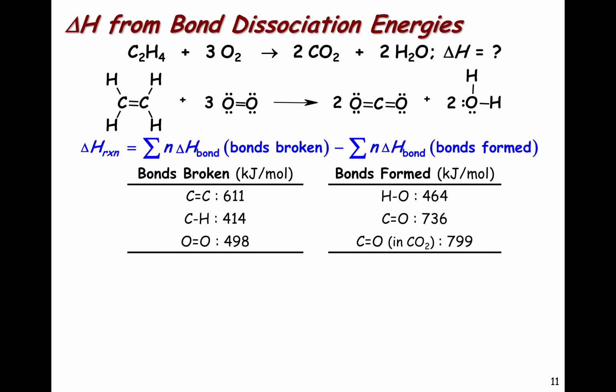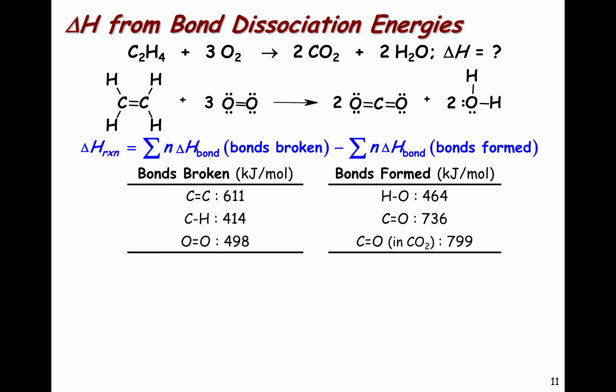From our table, the bonds being broken on the reactant side are a carbon-carbon double bond, which is worth 611 kilojoules per mole, carbon-hydrogen bonds, which are 414, and oxygen-oxygen double bonds, which are 498.